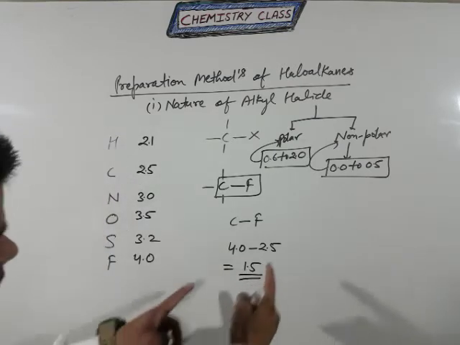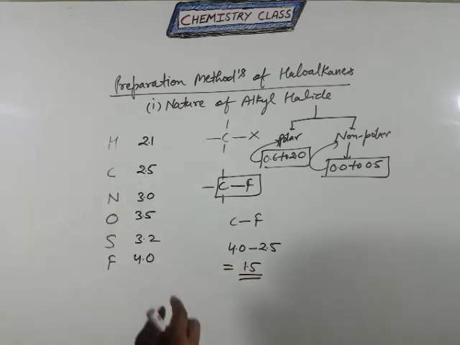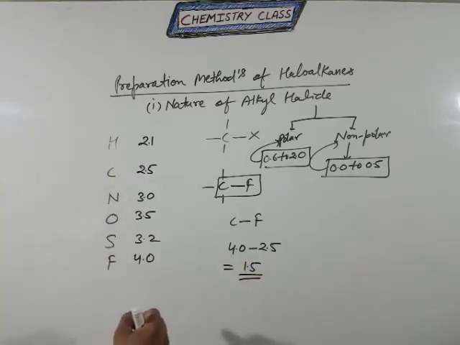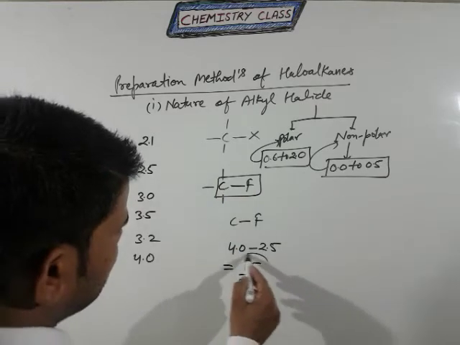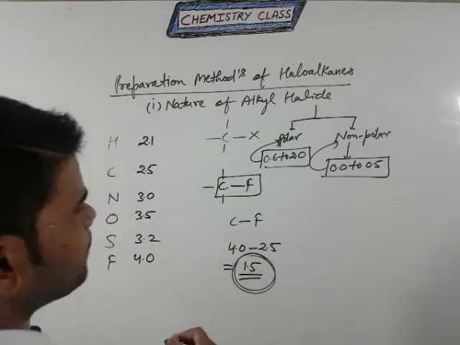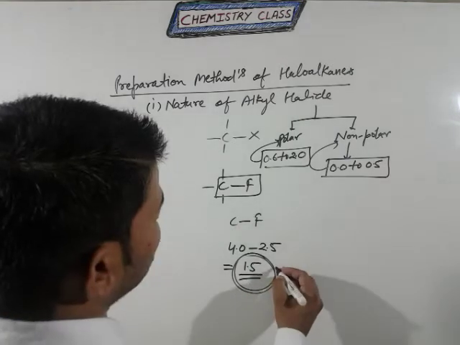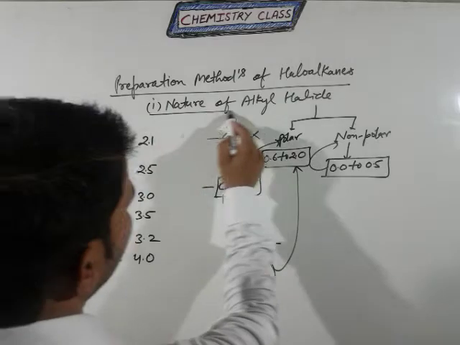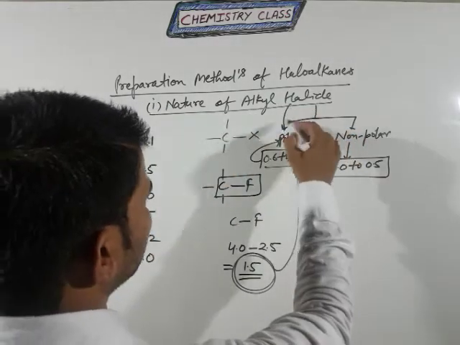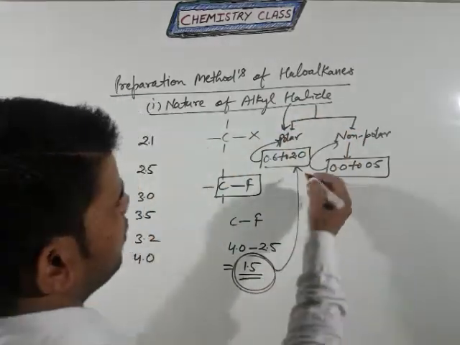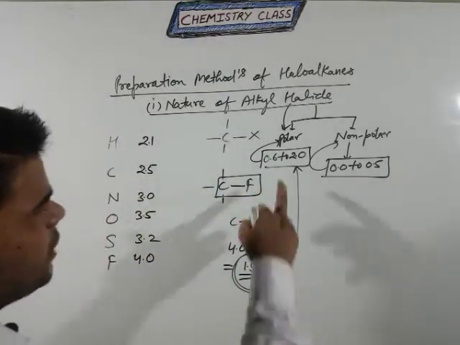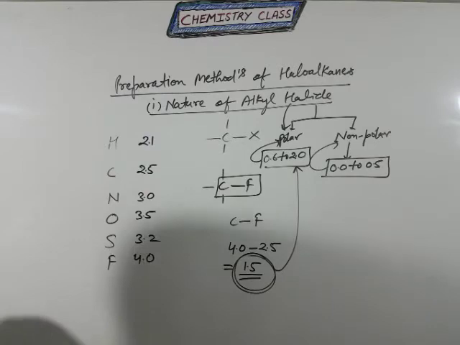This 1.5 is the difference of electronegativity of fluorine and carbon, which lies in this range. So the nature of the alkyl halide bond is polar. A polar compound is generally more stable as compared to a non-polar one.